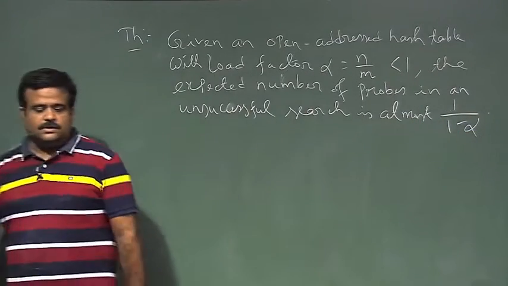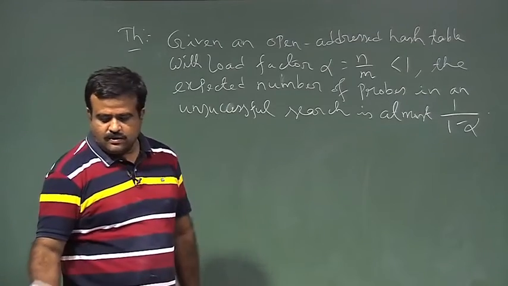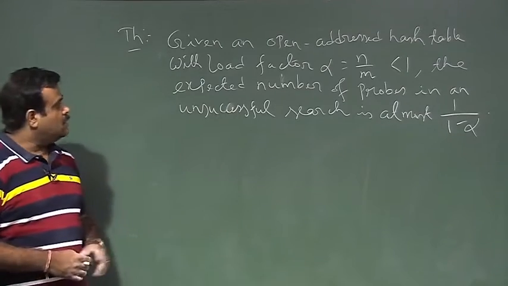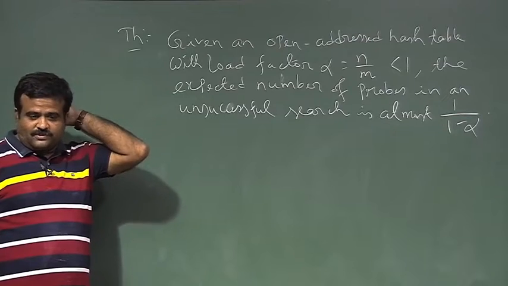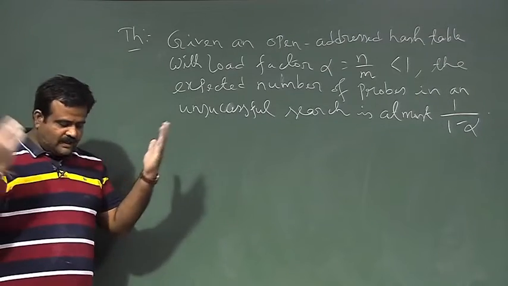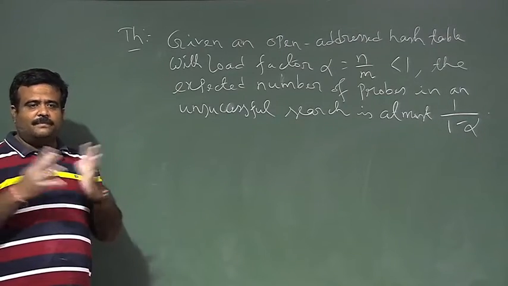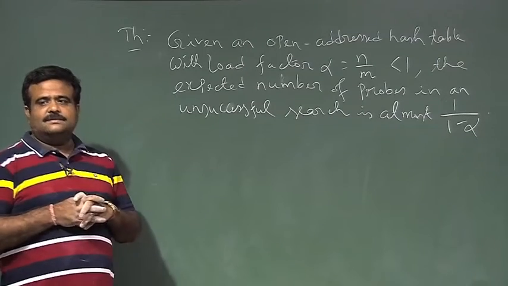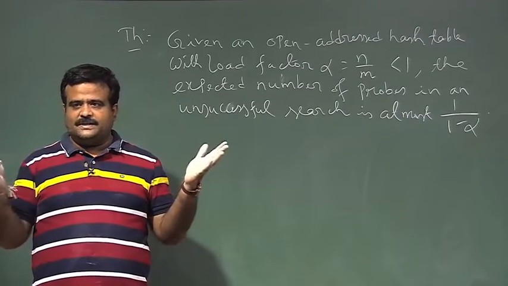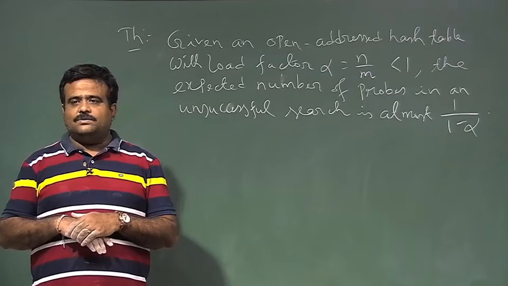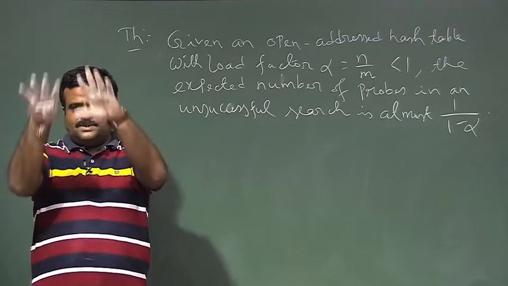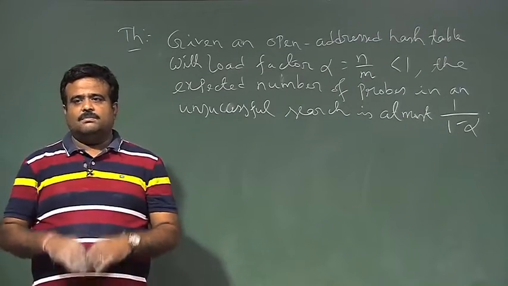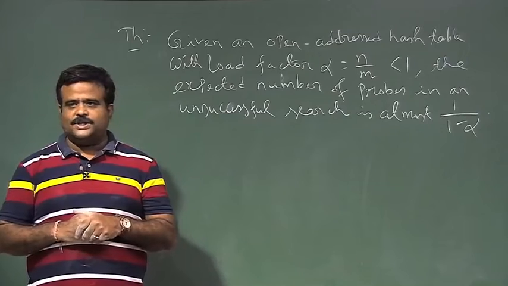What is this theorem telling? We have n keys, we have m slots, and we have an open address hash function, and we fill up these keys into the slots using it.